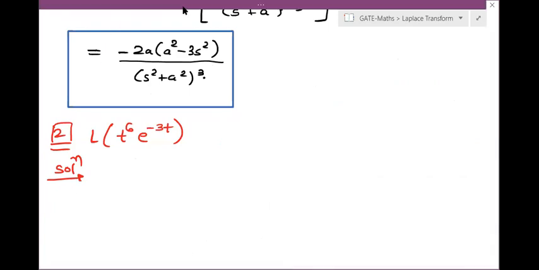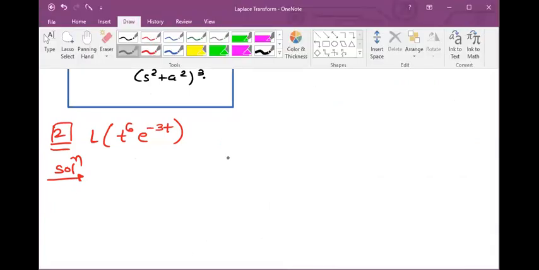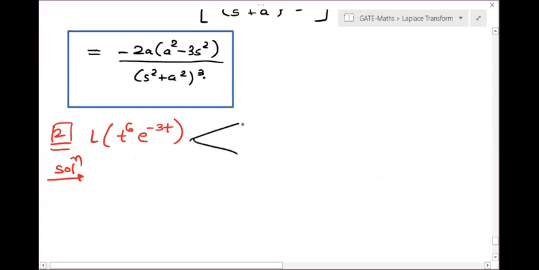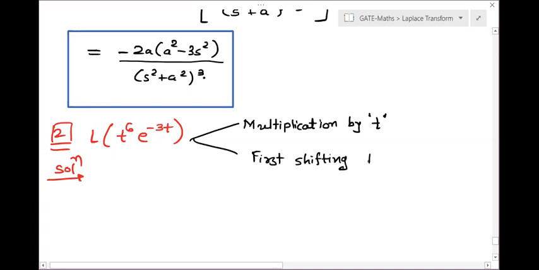So this question can be done two ways. Either you can use multiplication by t property, or you can use first shifting property. Is it clear?